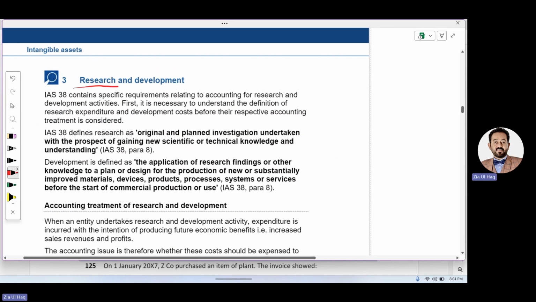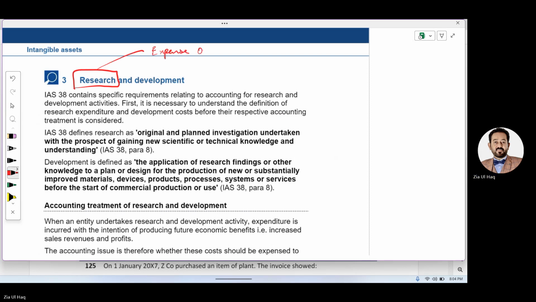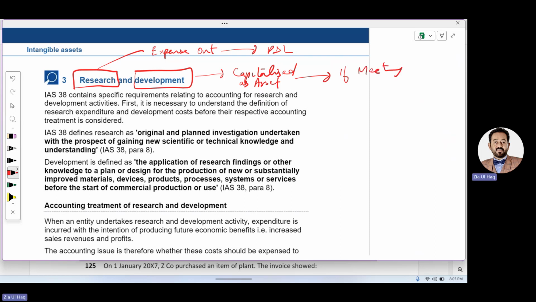Research cost should be expensed out. It should be recorded in the profit and loss account as an expense. Development cost is capitalized as an asset if meeting certain criteria.